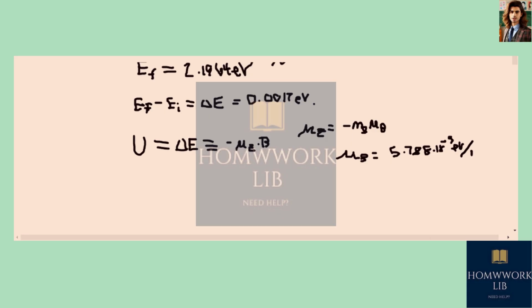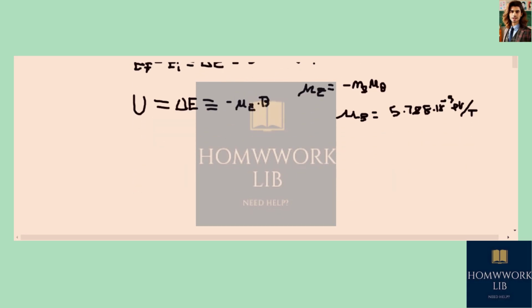Going through here, we can then solve for B, the magnetic field magnitude, and that is going to be equal to delta E divided by ml times mu B. Now, the only thing we have left to determine is what is ml.